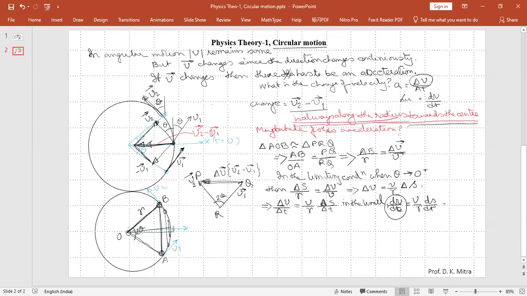Now, what is dV by dt, or time differential of velocity?